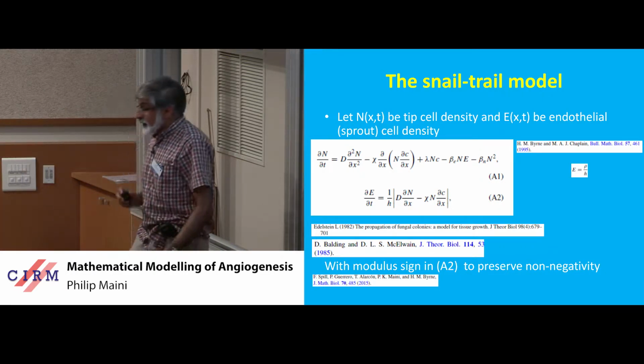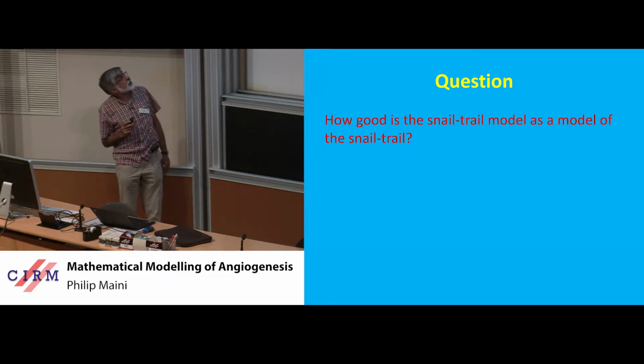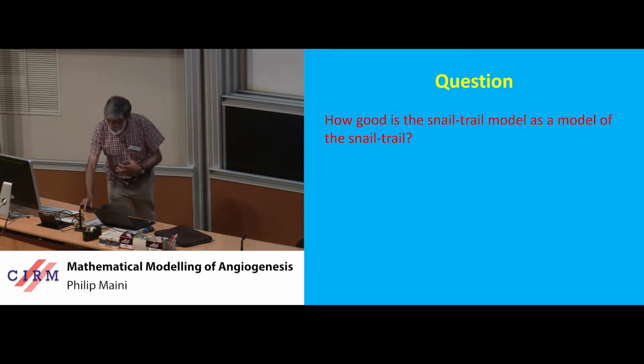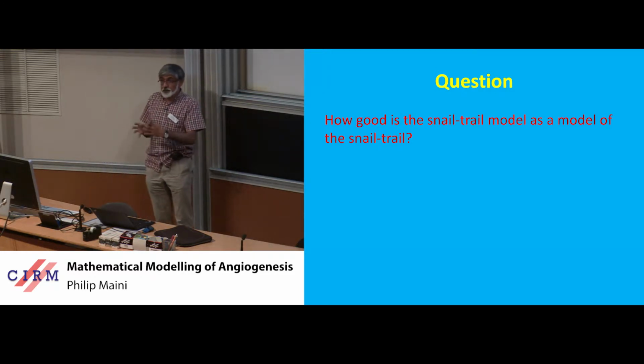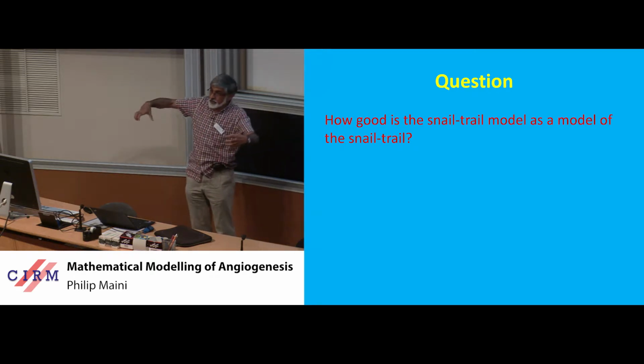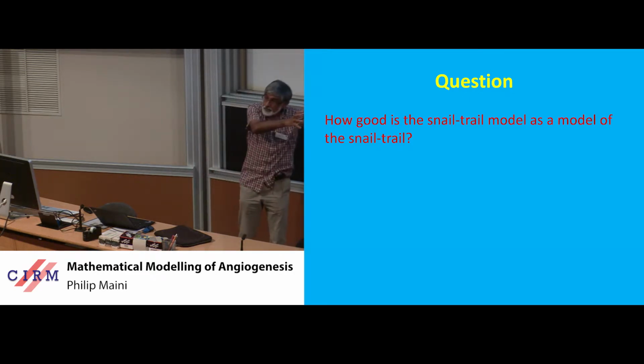And so the question I want to ask is the following. How good is the snail trail model as a model of the snail trail? Okay, so forget about angiogenesis. Just think about that phenomenological description I had of a cell moving along, causing division behind it, and moves up a gradient.